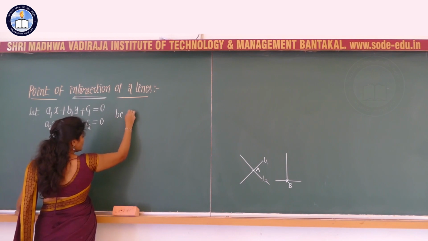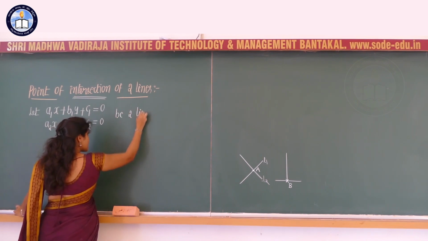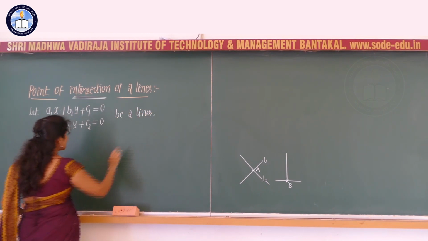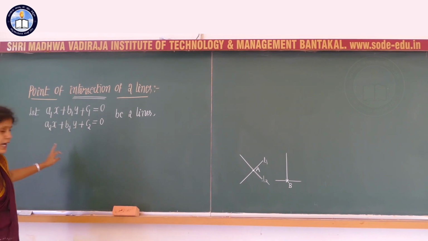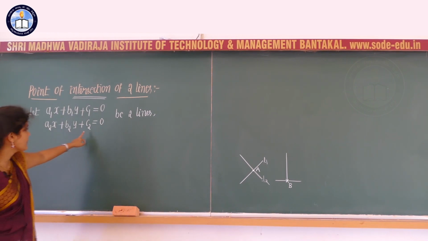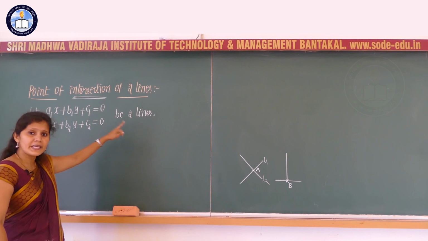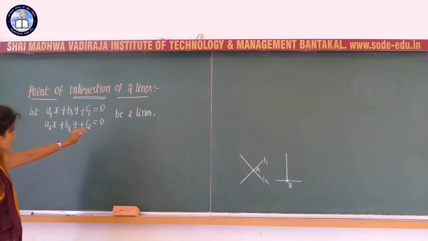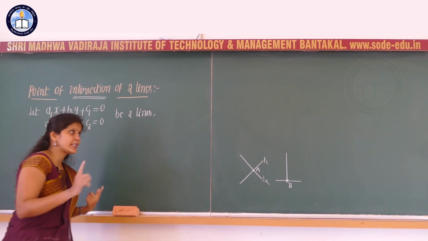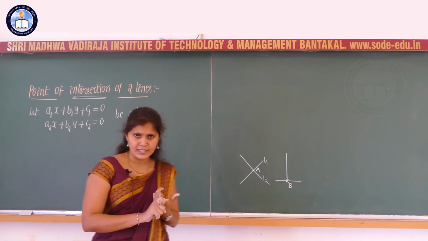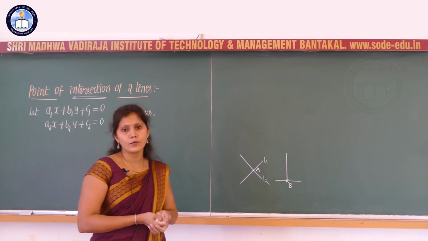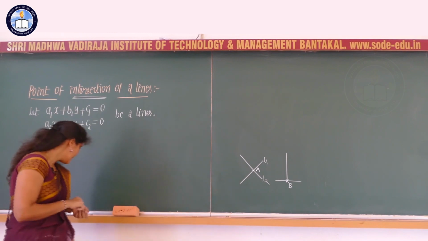Be the two lines a1x plus b1y plus c1 equal to 0, and a2x plus b2y plus c2 equal to 0. So now for these two lines we need to find out the point of intersection. How to find out point of intersection of these two lines?